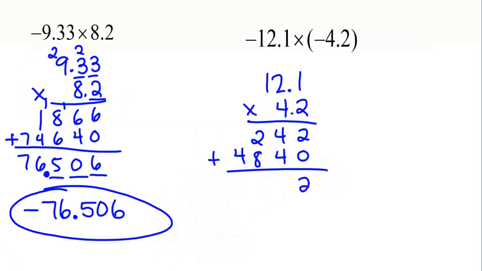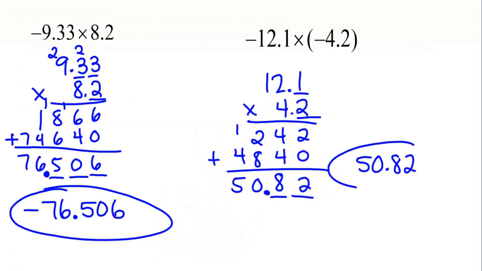Add these together: 2, 8, 10, carry the 1, 5. There are 1, 2 digits behind the decimal in the problem, so there should be 2 digits behind the decimal in the answer. And I know this is going to be positive because it was a negative times a negative. 50.82 is my product. And that's multiplying decimals, pretty straightforward.